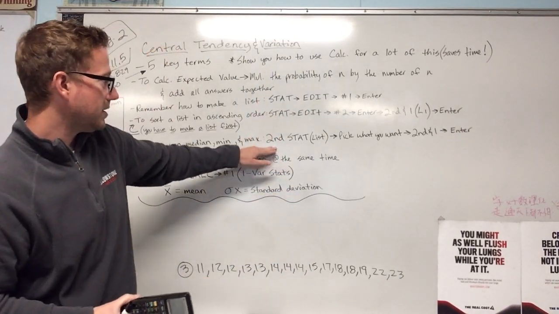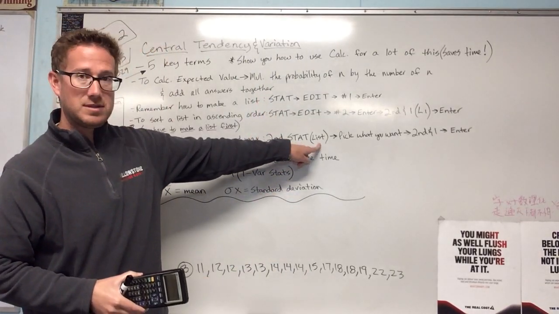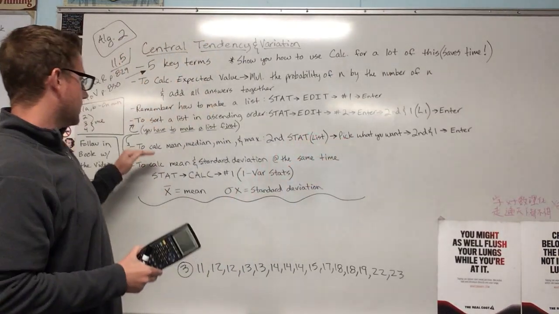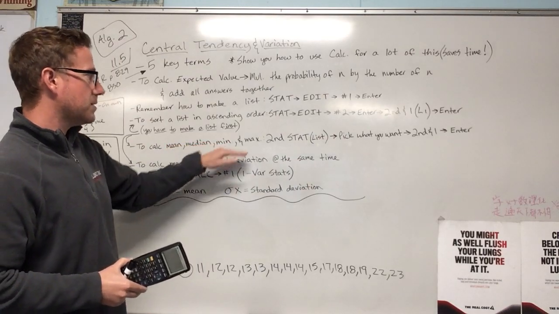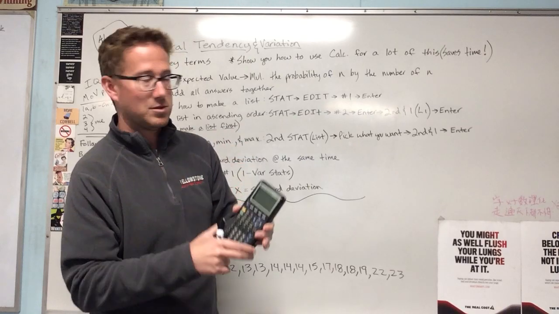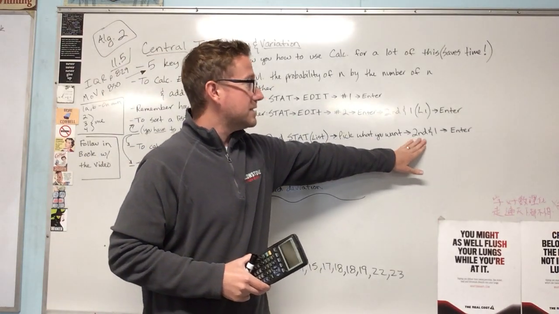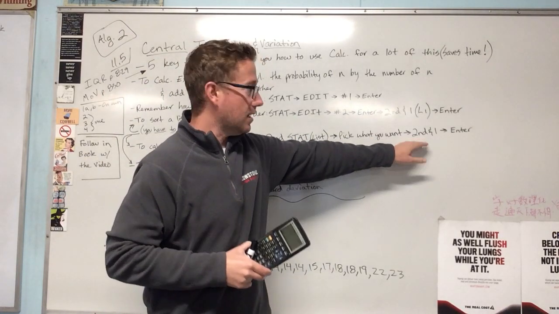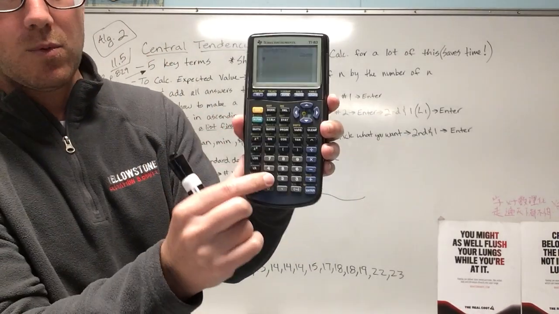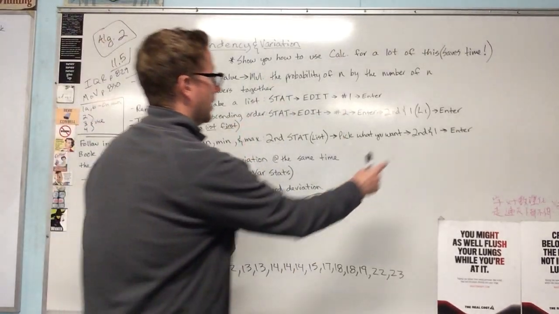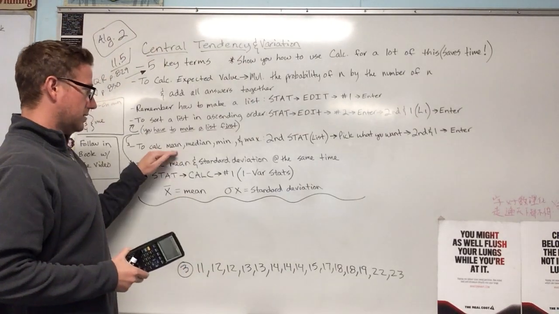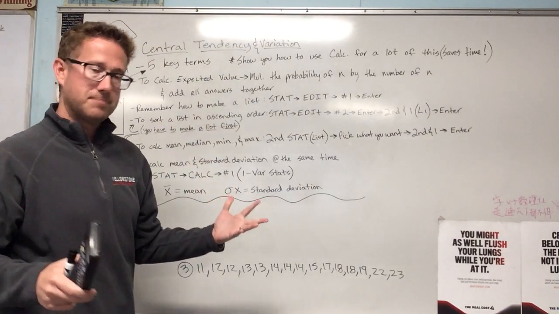Second Stat, in parentheses, I'm saying list. Then pick what you want. What do you want to solve for? The mean, the median, what's the minimum number, what's the maximum number? You pick the one you want, so then you'll hit Enter. Then again, you have to tell it what list it's looking at. So you go to Second, again, Second, and then the number 1, because really you want L1, and then hit Enter. And it'll calculate whatever you just asked it to do. Mean, median, min, max, whatever it may be.